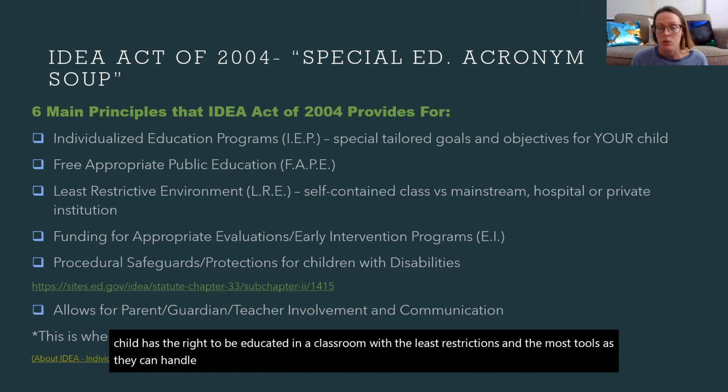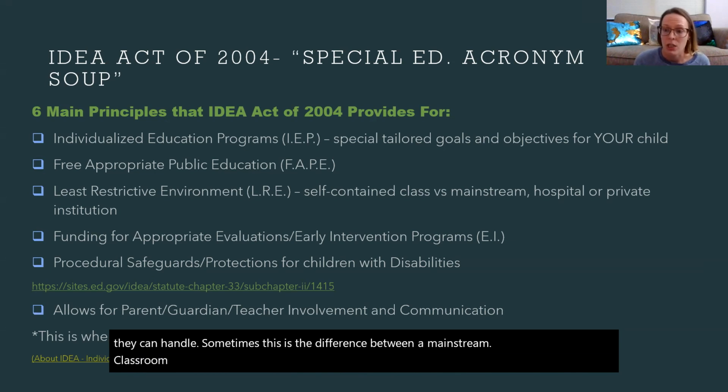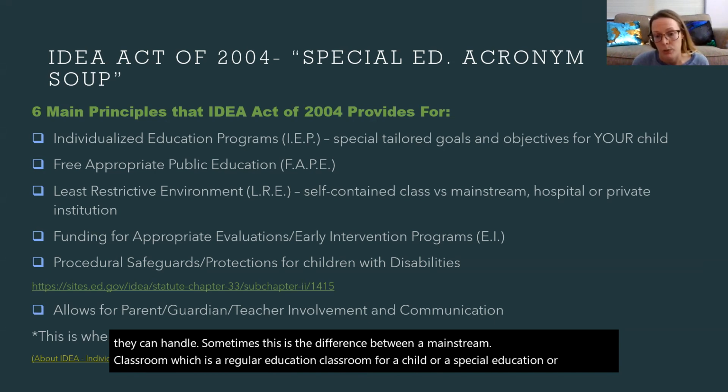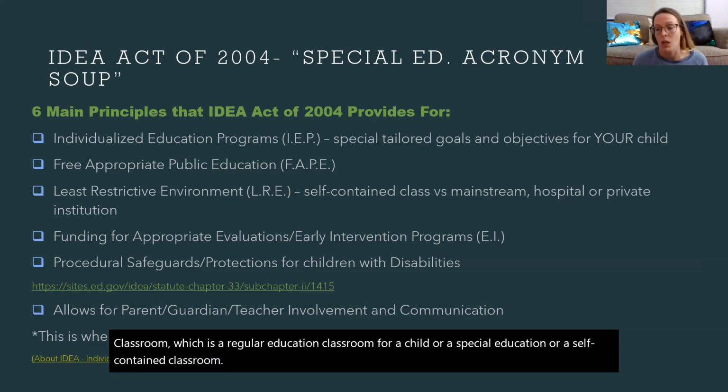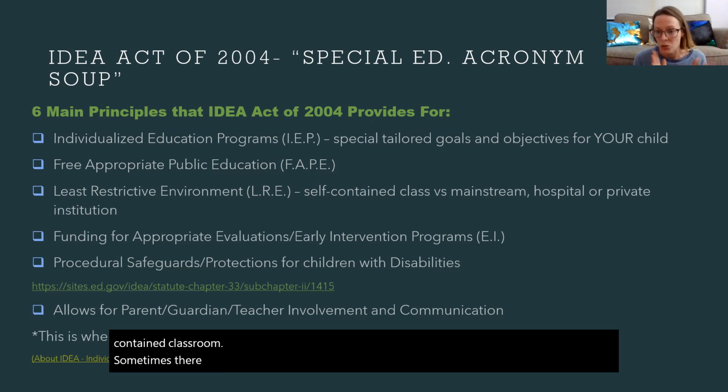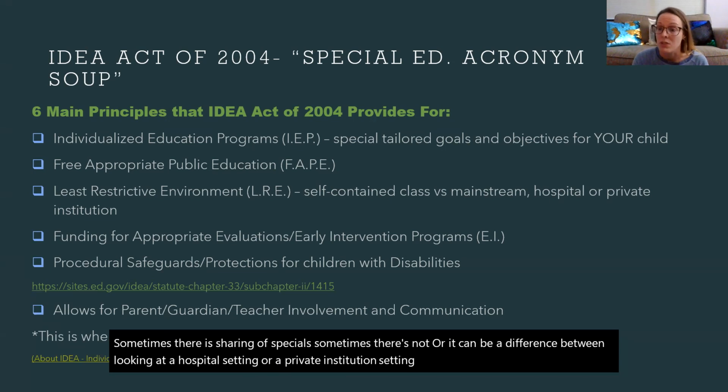Sometimes this is the difference between a mainstream classroom, which is a regular education classroom for a child, or a special education or a self-contained classroom. Sometimes there is sharing of specials, sometimes there's not. Or it can be a difference between looking at a hospital setting or a private institution setting, depending on the level of disability or dysfunction.